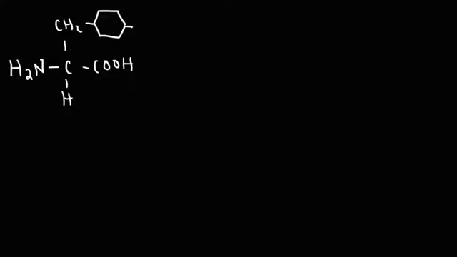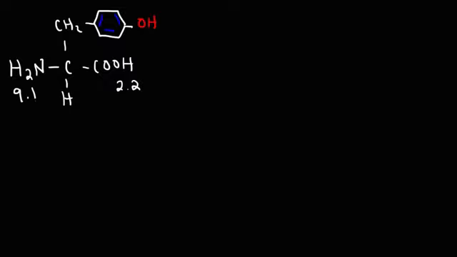Now, for the sake of practice, let's work on one more example. The amino acid under consideration is called tyrosine. It has an aromatic ring with a hydroxyl group attached to it. The pKa of the carboxylic acid is about 2.2.